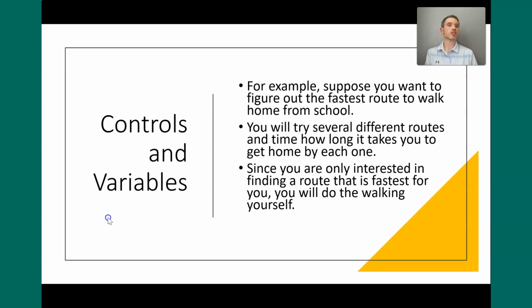For example, suppose I want to figure out the fastest route to walk home from school. We will try several different routes and time how long it takes to get home by each one. That's our experiment. Since you are only interested in finding the route that is the fastest, you will do the walking yourself. So you are a constant variable.